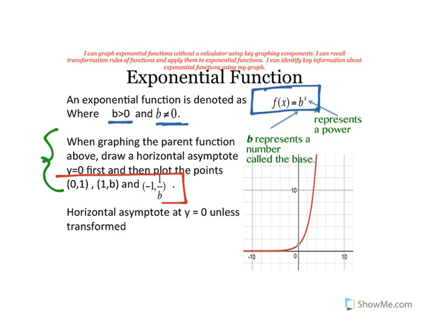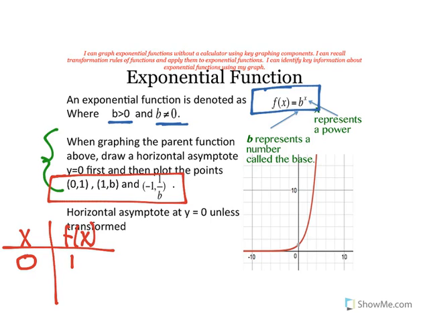Okay? So here are those big 3 points. No matter what your exponential function is, you can always start out with these 3 main big 3 points, and then we can adapt them based on any transformations that we might encounter. Those big 3 points are an x value of 0, a y value of 1. If I asked you to graph this function, you would create a table of values, and immediately you would say, I've got an x value of 0 and a y value of 1.